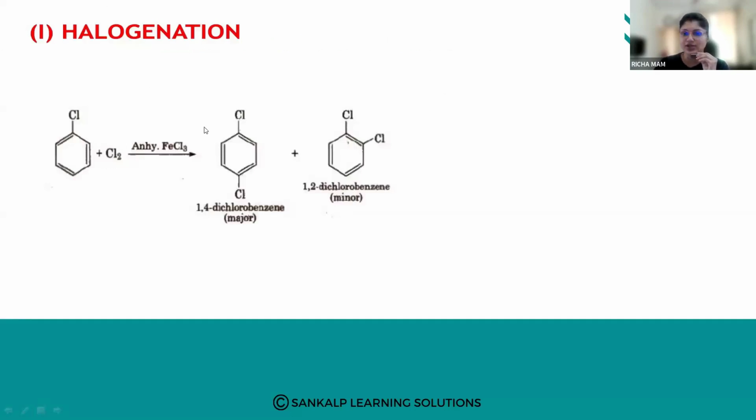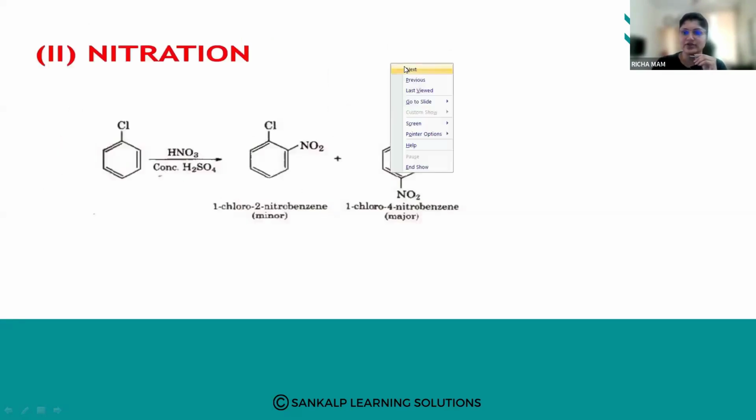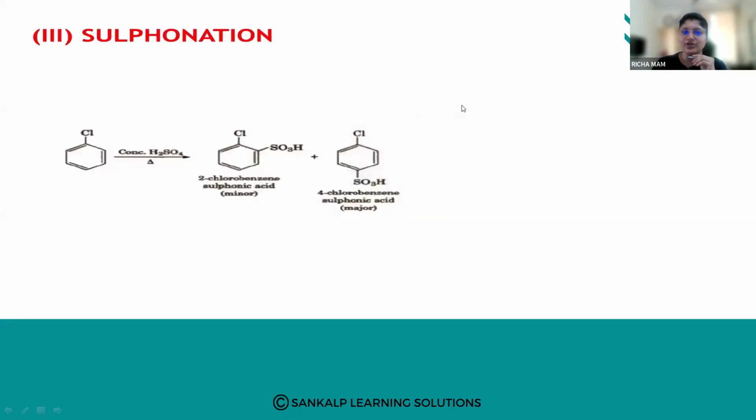Halogenation: the electrophile here is Cl plus. We know why there is a minor product and why there is a major product. Nitration: the nitronium ion is the electrophile. Then sulfonation, where SO3H is the electrophile.